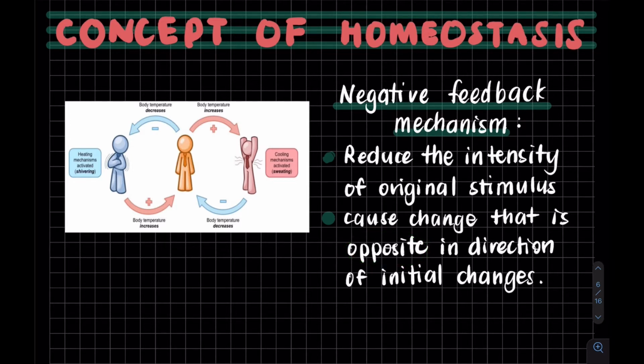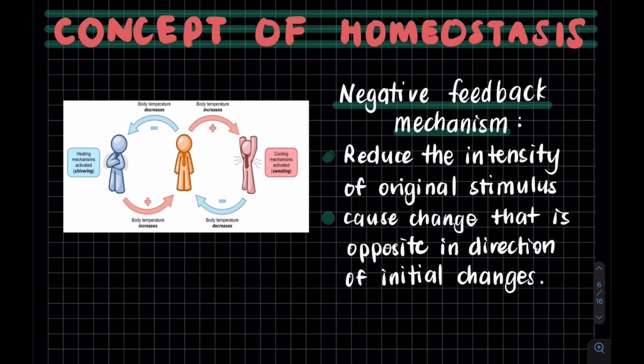For example, when body temperature increases, our body will sweat. This is a cooling mechanism to decrease the body temperature and return it to normal. As you can see, the negative feedback mechanism responds in the opposite direction from the stimulus.